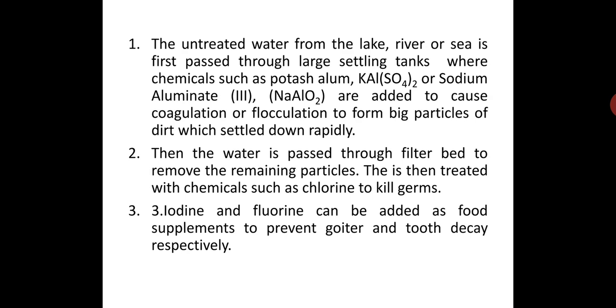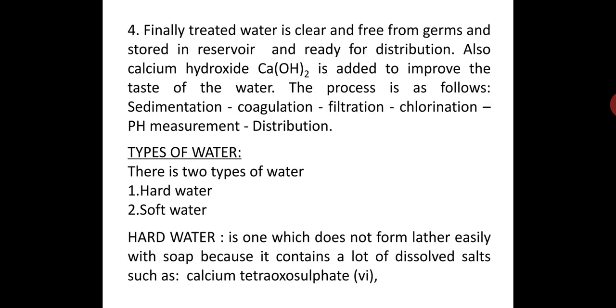Iodine and fluorine can be added as food supplements to prevent goiter and tooth decay, respectively. Finally, treated water is clean and free from germs, stored in a reservoir and ready for distribution. Also, calcium hydroxide is added to improve the taste of the water.